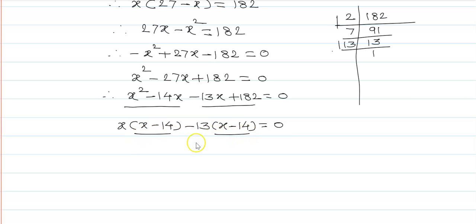Therefore, x minus 14 in first bracket, and in second bracket x minus 13, and that equals 0.